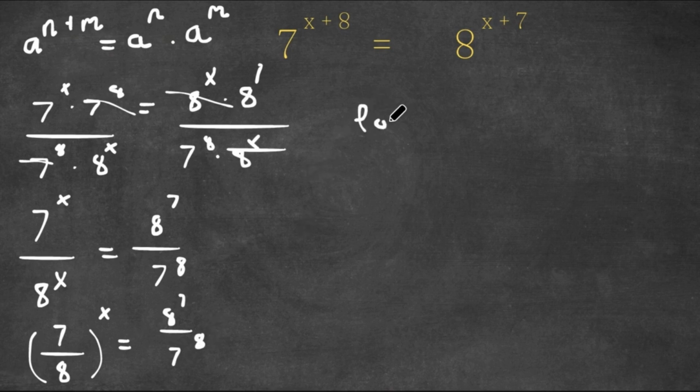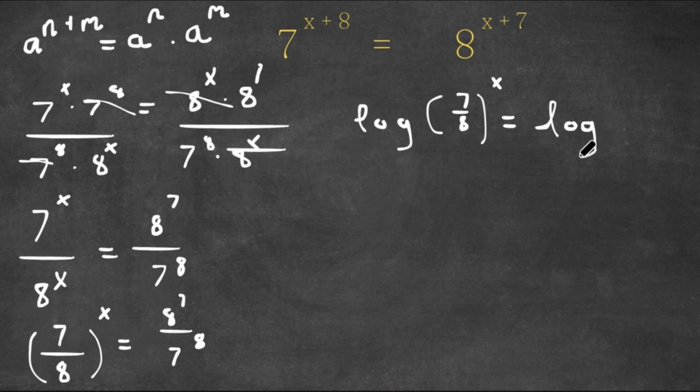So now we have log of 7 over 8 to the power of x is equal to log of 8 to the power of 7 over 7 to the power of 8.